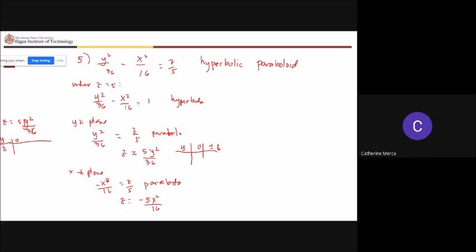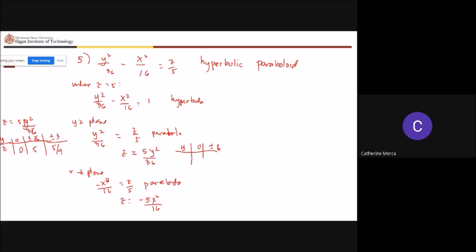When y is 0, z is 0, so the point is 0. When y is plus or minus 6, y squared is 36, which cancels the 36, so z is 5. When y is plus or minus 3, y squared is 9 over 36, so z is 5 over 4.